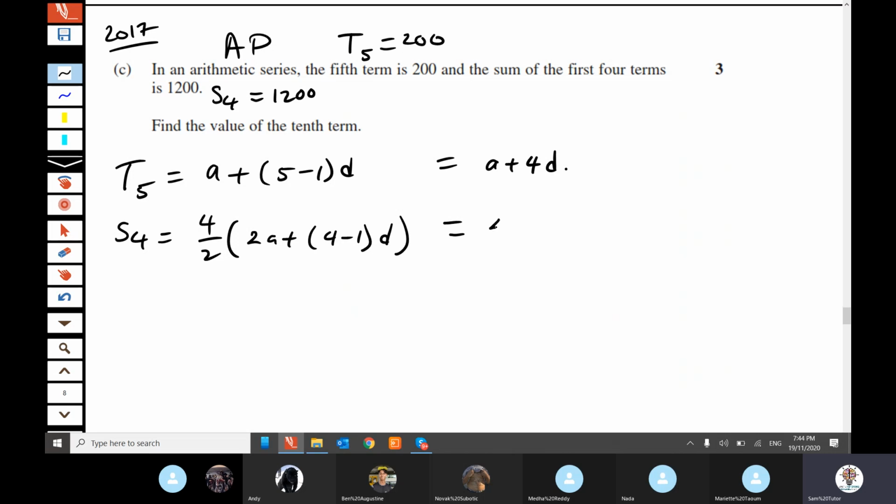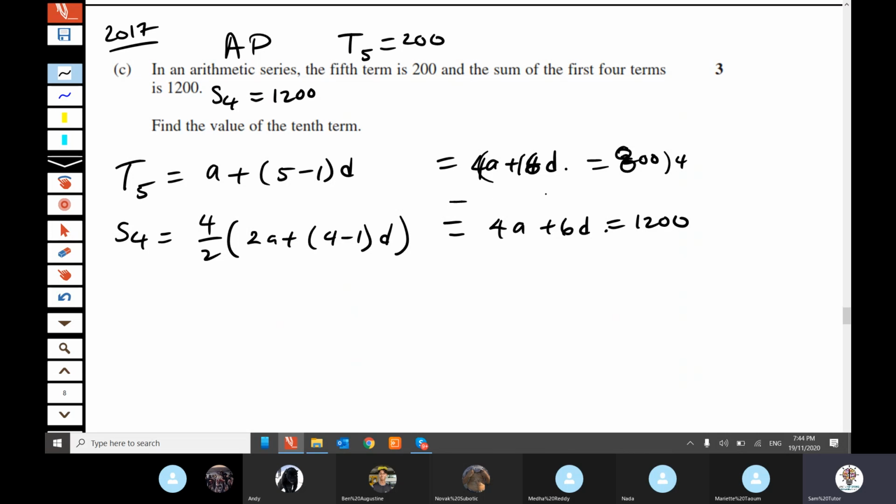2 times 2a is 4a. 2 times 3 is 6d. Equals 200. This one equals 1200. Is it fair to say we can solve these simultaneously? Times that by 4. 800. 16a.